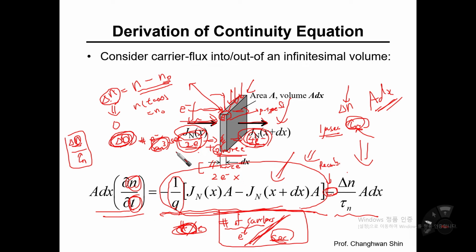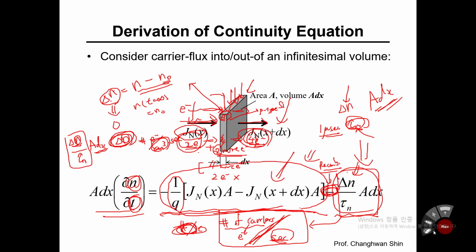To cancel out this volume, we should multiply by A dx, the volume. Now take a look here: delta n over tau n times A dx. The unit of this is well matched to the number of carriers divided by second. And here again, the minus sign indicates recombination. The total number of injected electrons would be decreasing and decreasing because of the recombination.